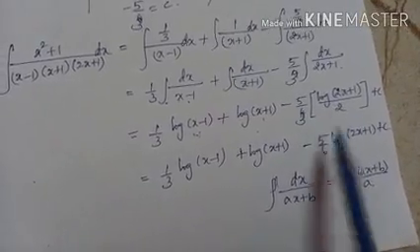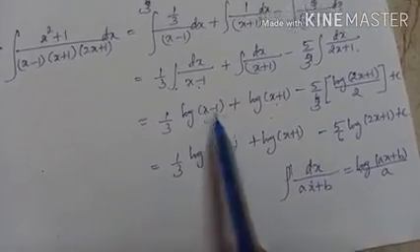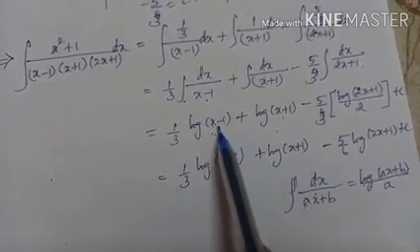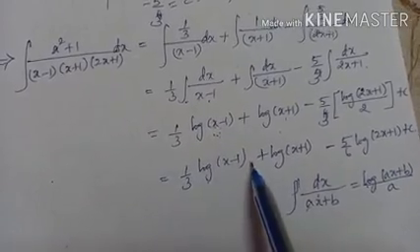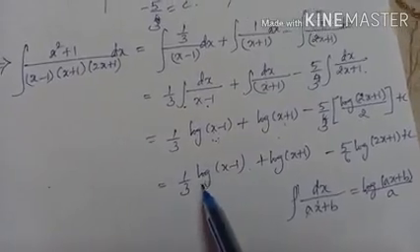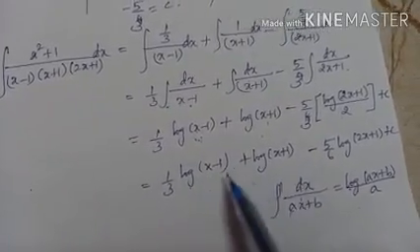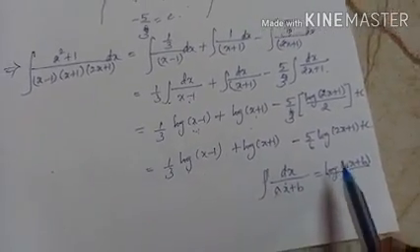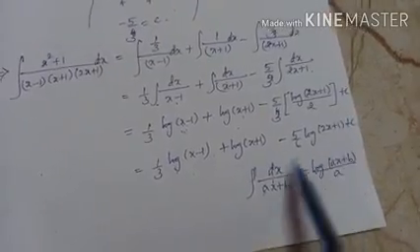This is the formula used here. The same formula can be used here, where a is 1, b is minus 1. So log of ax plus b by a, where a is the coefficient of x, which is 1. If the denominator is 1, we need not mention it, right? Similarly, so this completes this problem. This is the answer of this problem.